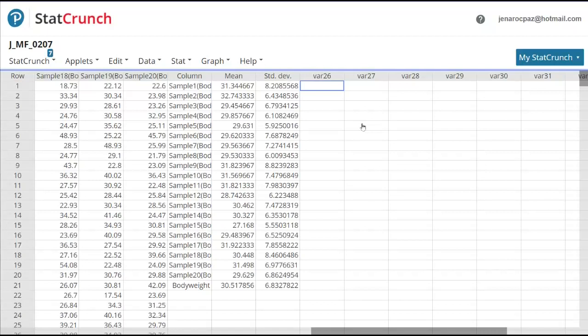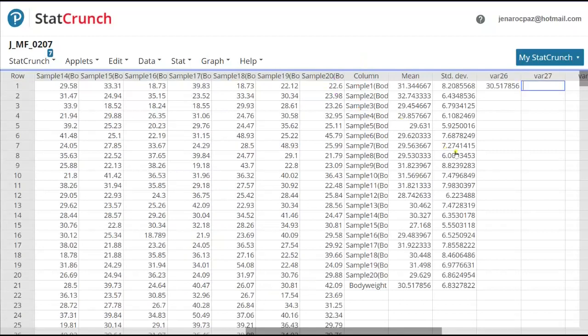This is going to be the mean and the standard deviation. So let me write here 30.517856. This is the mean of the complete data set. The standard deviation is 6.8327, or 6.83.